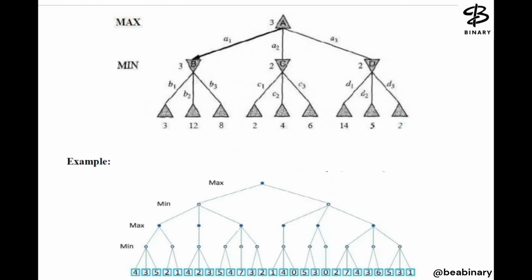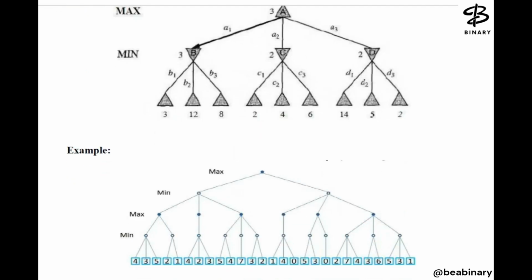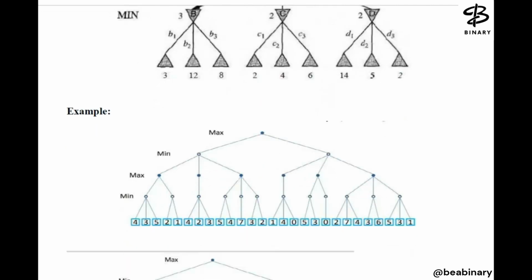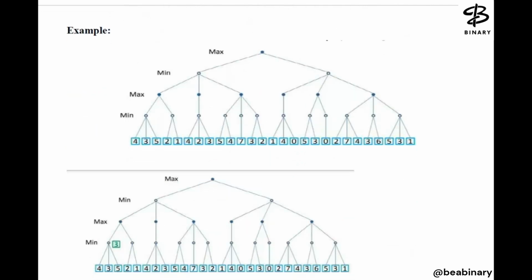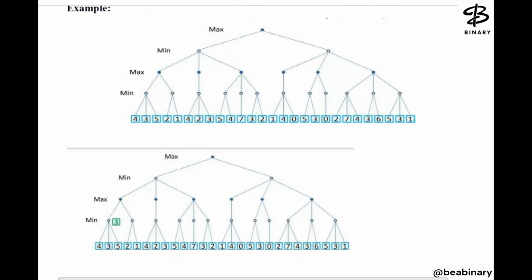So how will we start? We will start from the bottom, which is the minimum level, and then go to the maximum, then the minimum, and then the maximum. From the lowest level, the three leaf nodes are 4, 3 and 5. What we are performing here is the minimum function.